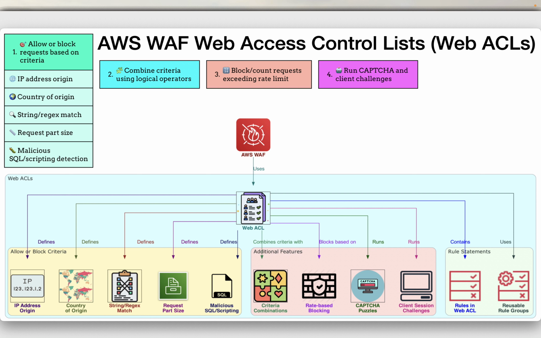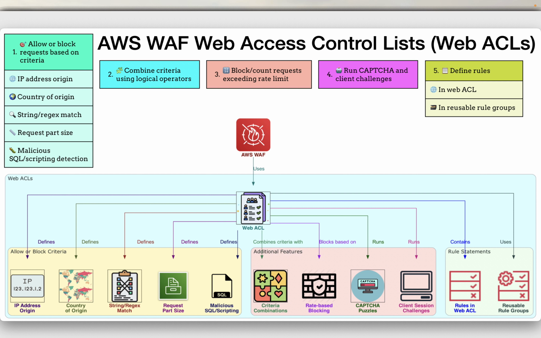AWS WAF allows you to run CAPTCHA puzzles and silent client session challenges against requests to verify human users and standard browser behavior. You specify your matching criteria and the corresponding actions in AWS WAF rule statements, which can be defined directly in your web ACL or in reusable rule groups that you reference in your web ACL.